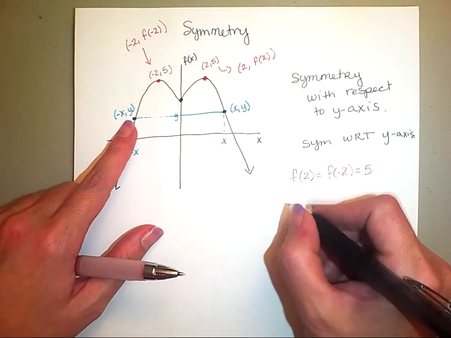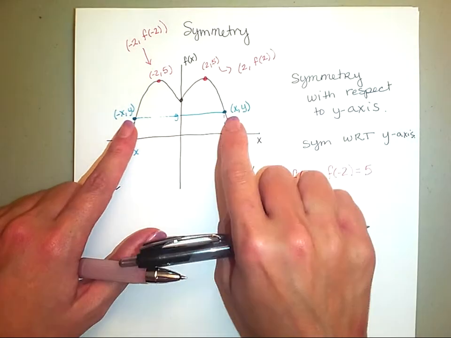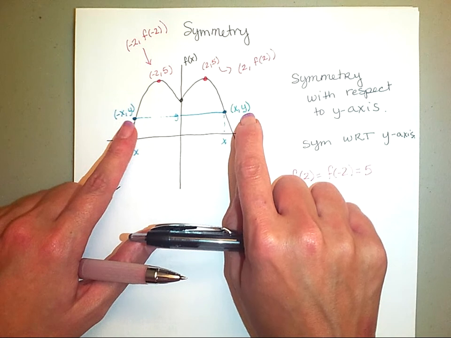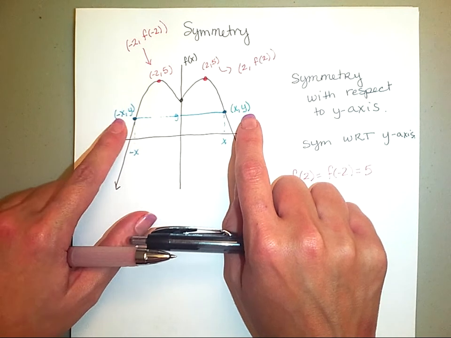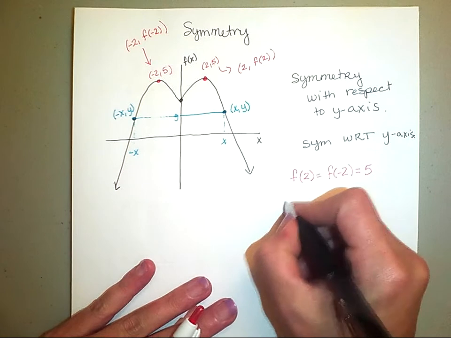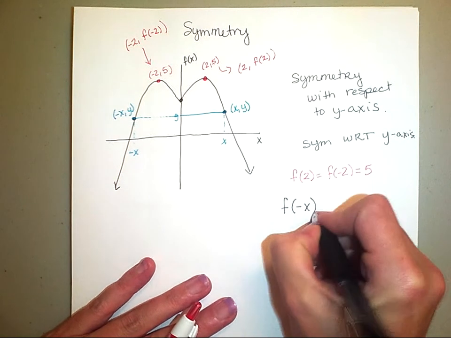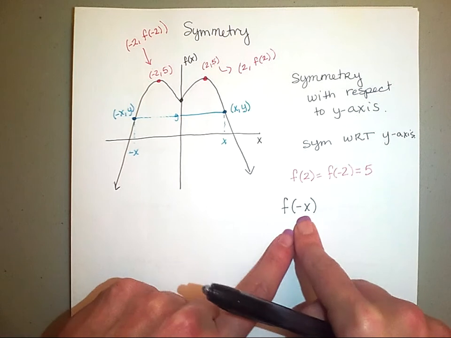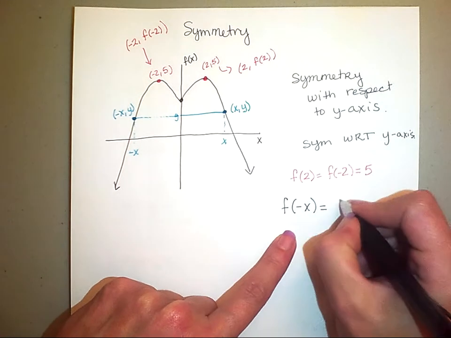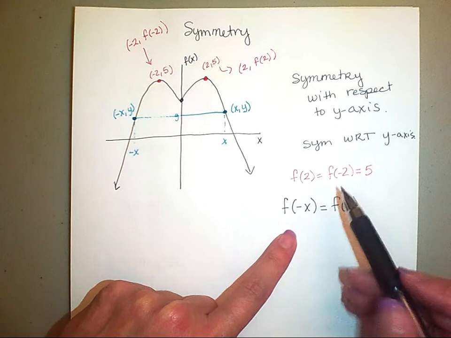So in general, what we're saying, here I have x and the function evaluated at x turns out to be y. And here I have -x, and when you evaluate the function, you get out the same value, y. So what we're saying is, when you look at the function evaluated at the negative of x, and it is equal to the function value evaluated at a positive x.